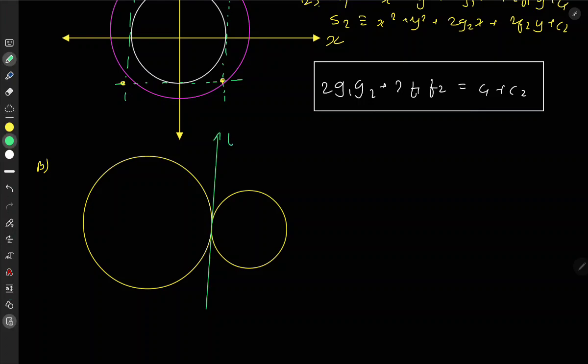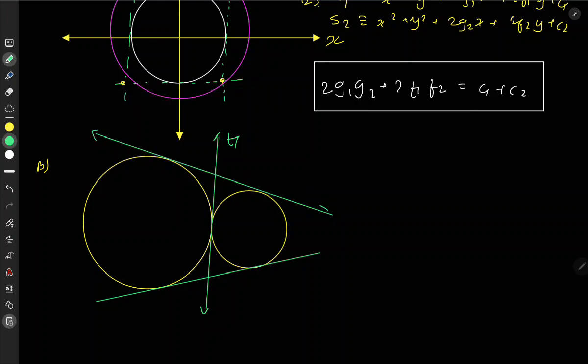I'll name it T1. Then the second common tangent would be this one, and the third common tangent would be this one. Let me arrange these tangents, this over here, this over here.